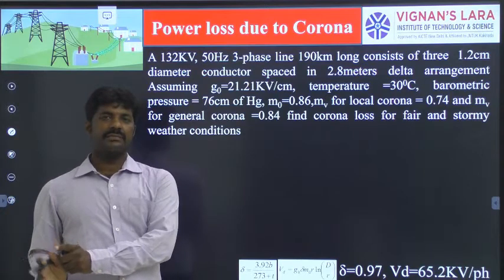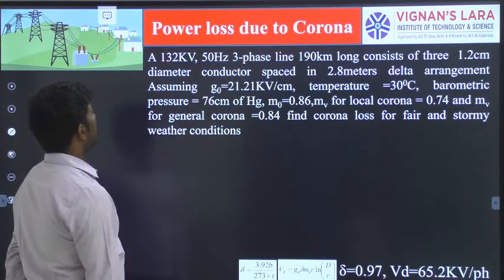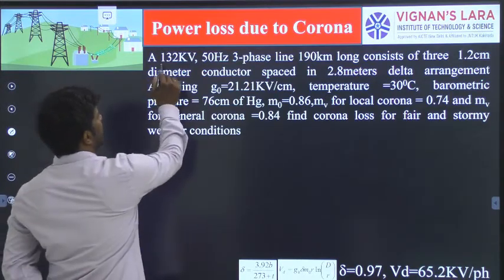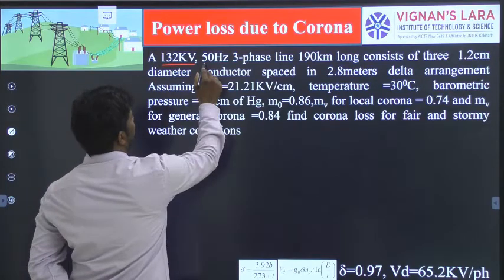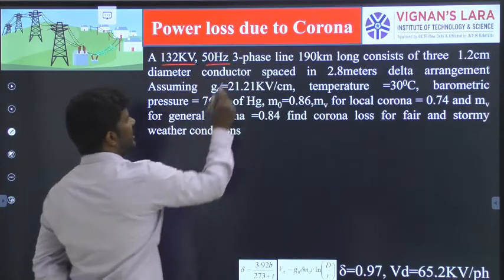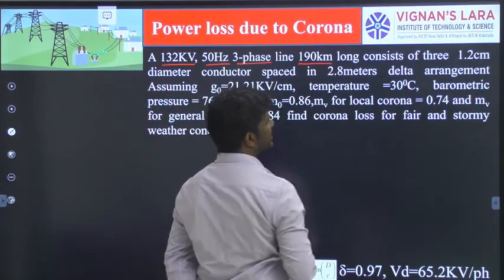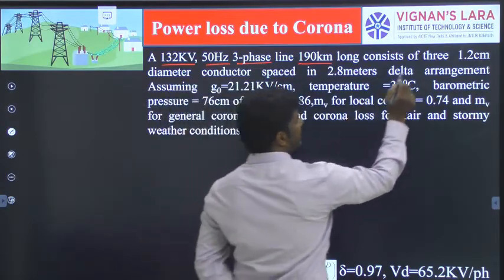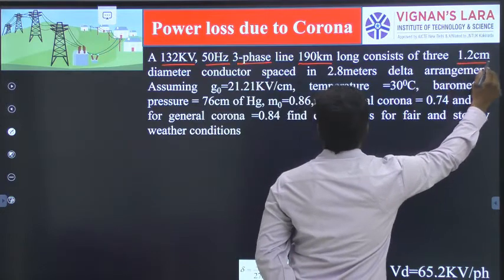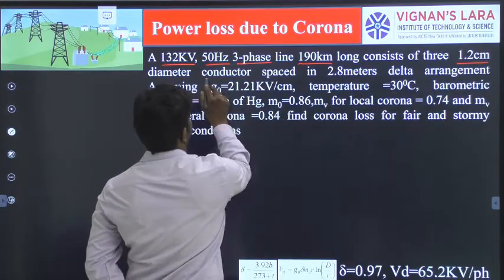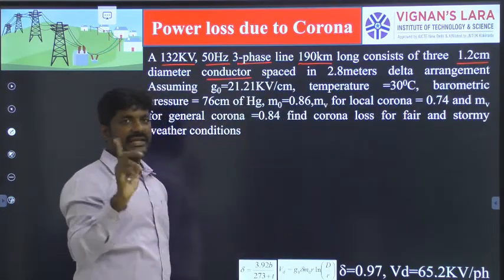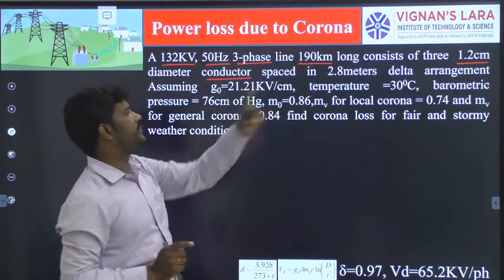So let us see a mathematical problem. The line is 132 kV operating at a frequency of 50 Hz, and it is a three-phase transmission line of length 190 kilometers, consisting of three conductors, each with a diameter of 1.2 centimeters.